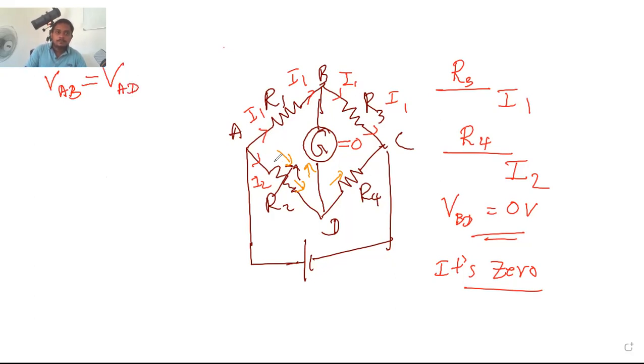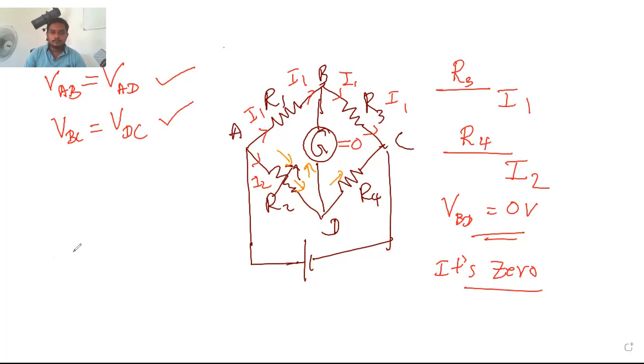Then VBC is equal to VDC. These are the relations that you need to write. If you write both of them, you will get 2 marks.